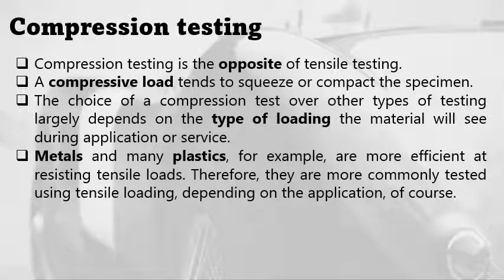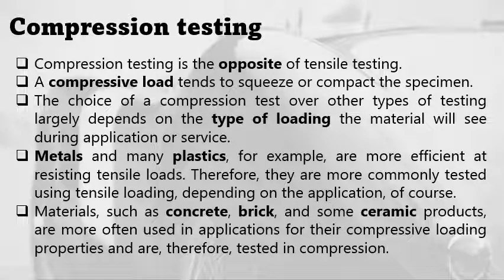Metals and many plastics, for example, are more efficient in resisting tensile loads. Therefore, they are more commonly tested using tensile loading, depending on the application. Materials such as concrete, brick, and ceramic products are more often used in applications for their compressive loading properties and are therefore tested in compression.